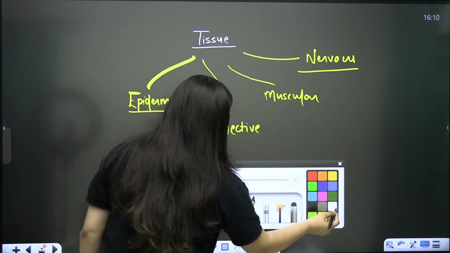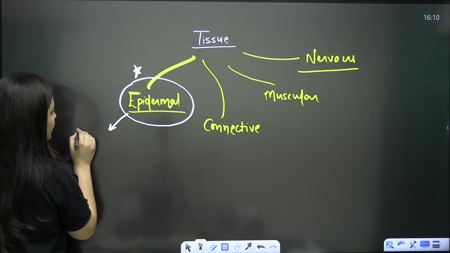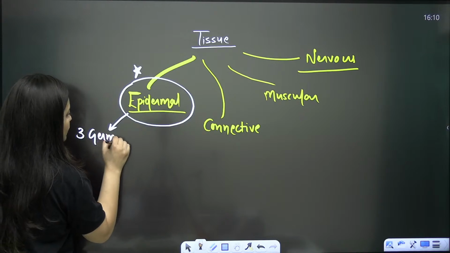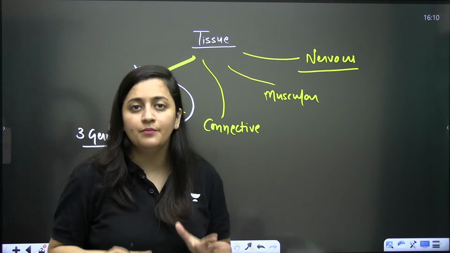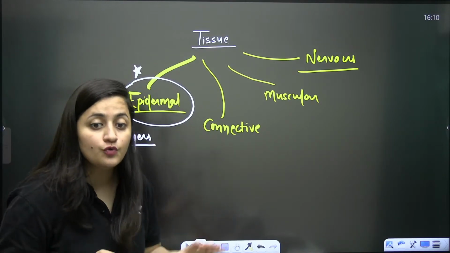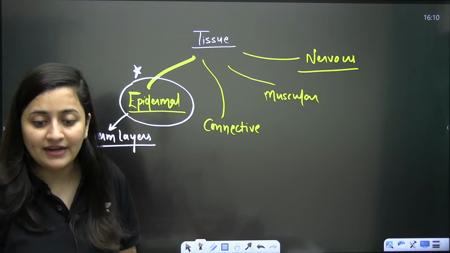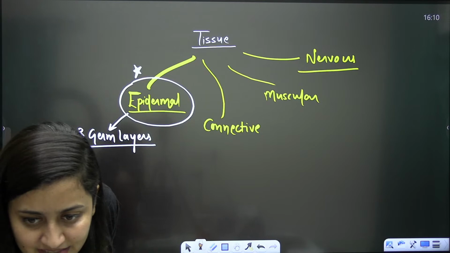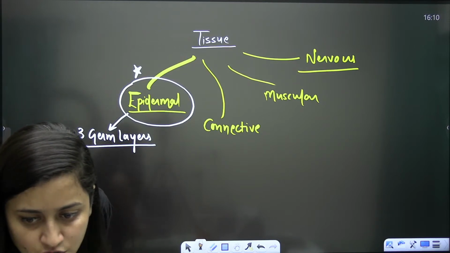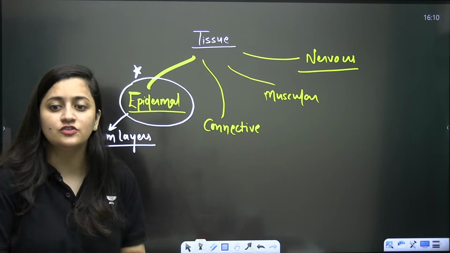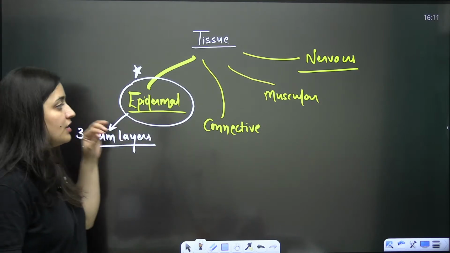In the last class we covered the epidermal tissue, and I told you already that it is made up of all the three germ layers: ectoderm, mesoderm and endoderm. So it is the tissue which will form first during embryonic development. Is it clear? Yes or no?